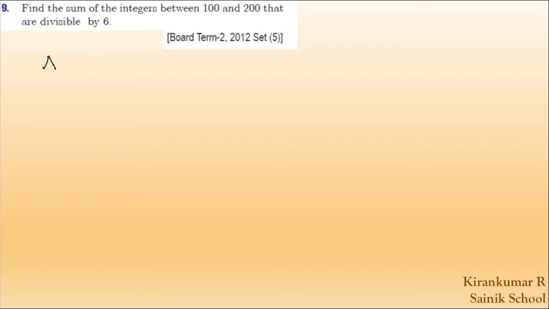The first 3-digit number will be 102, followed by 108, 114 till 198. As we have done earlier, we need to find out the value of n, then Sn.